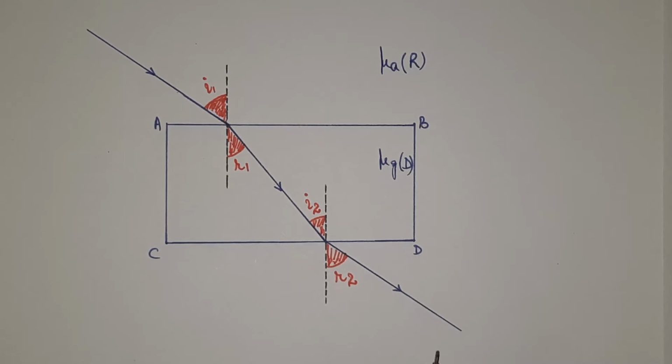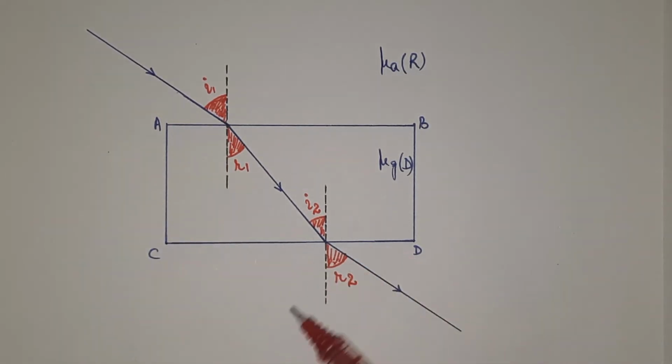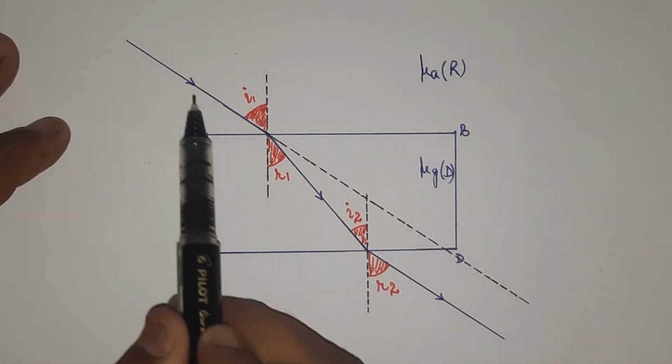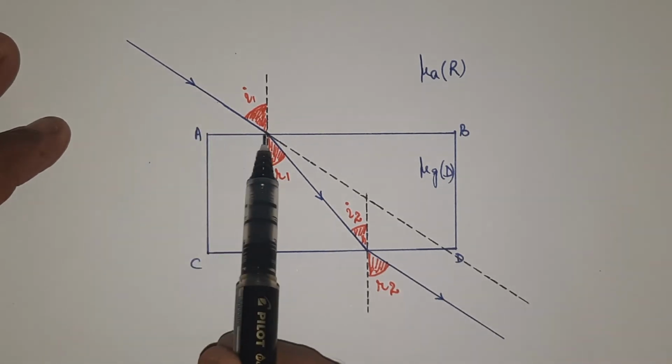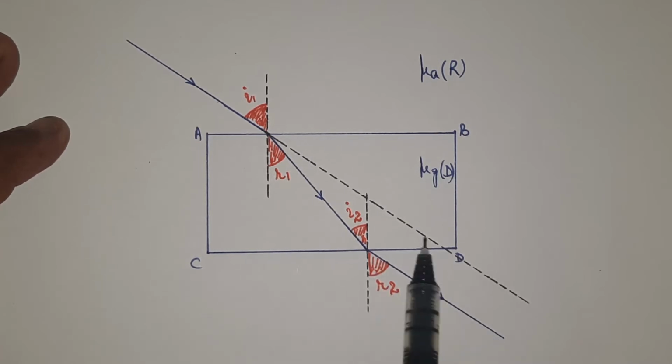But what is happening is that the ray is displacing laterally from its original path. This is the original path. If we extend the incident ray, this is the initial path, and the emergent ray is parallel to the incident ray.